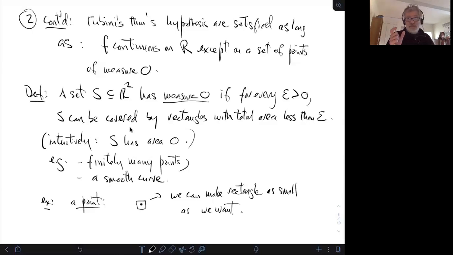Let's do a segment. I'm going to switch slides. So let's say I give you a line segment like this. The game is to find rectangles that will cover this segment, but these rectangles can have arbitrarily small area.